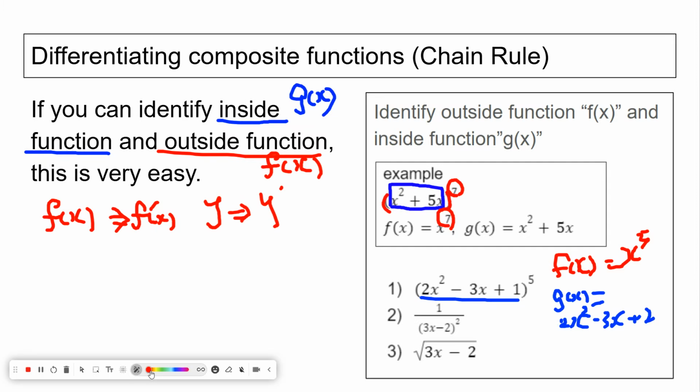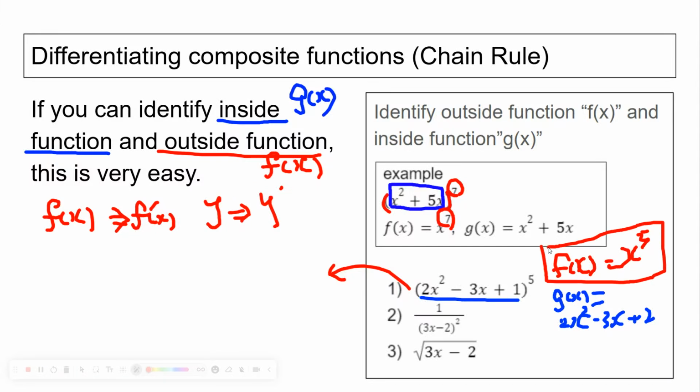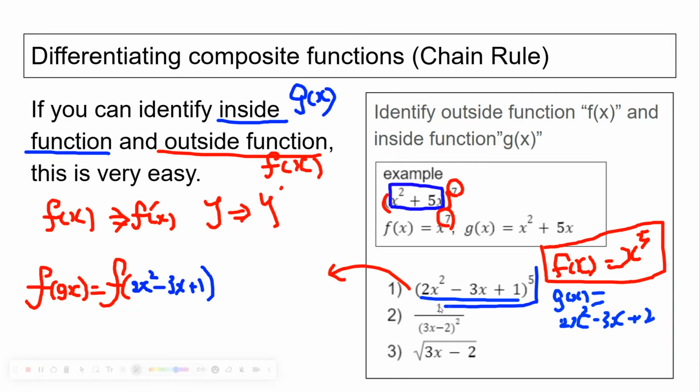I just want to talk about a little bit deeper level for this question. If f(x) equals x to the power of 5, because inside function is g(x) and the outside function is f(x), what we are doing is putting the bracket 2x squared minus 3x plus 1 in instead of x.